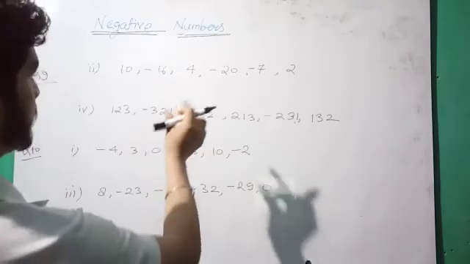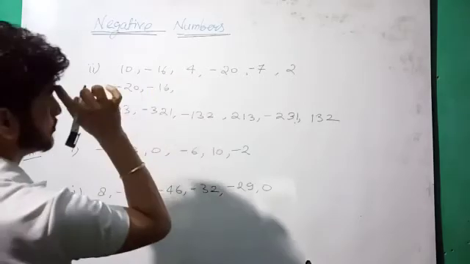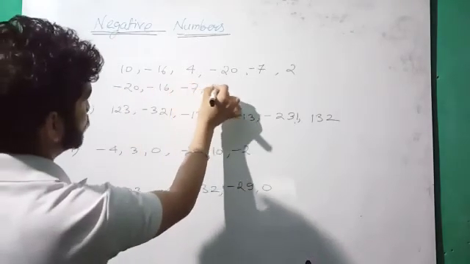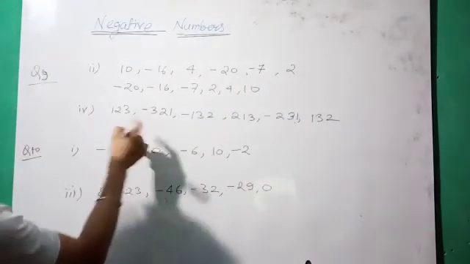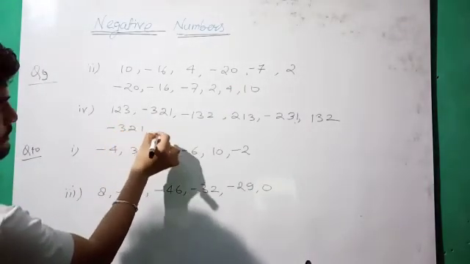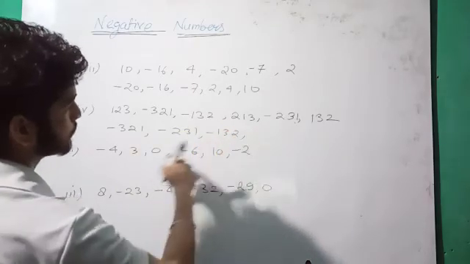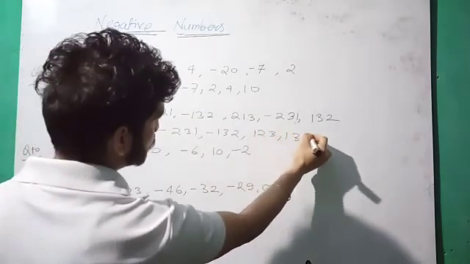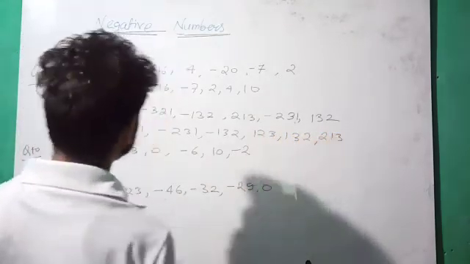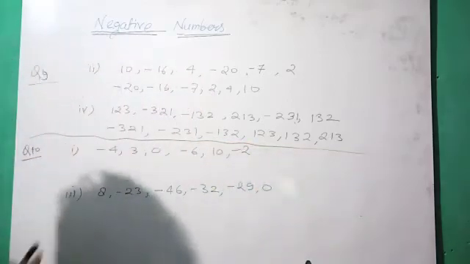So first you have to write down the smallest number: minus 20, minus 16, minus 7, 2, 4, 10. Okay, again, this is so: minus 321, then minus 231, minus 132, then 123, 132, 213. Now in question number 10, we have to arrange in descending order.